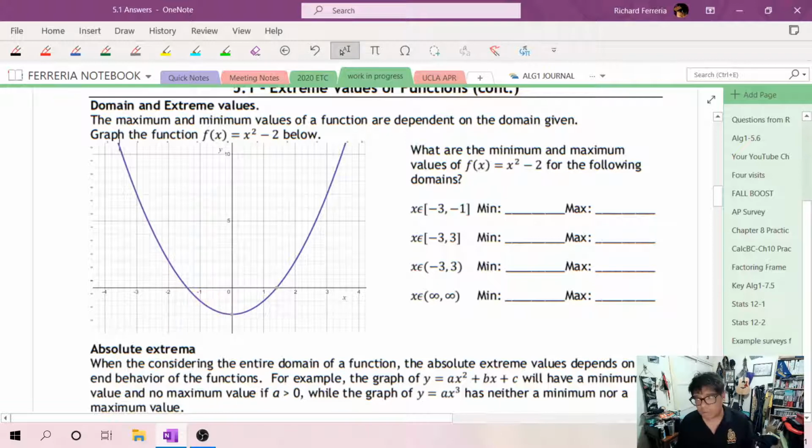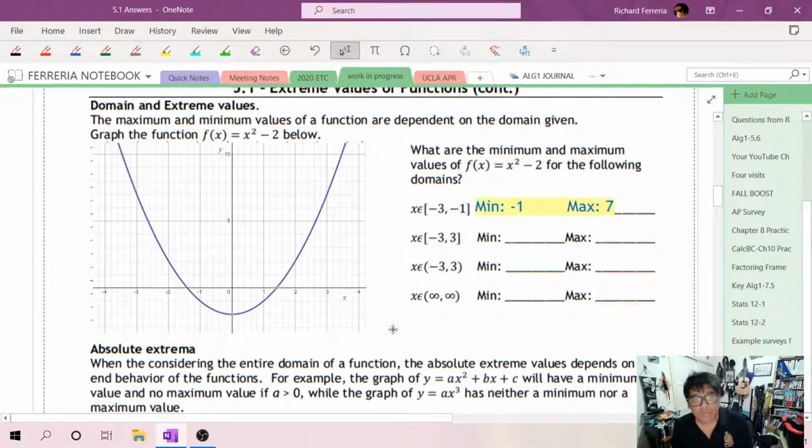Hold on one second. It looks like our minimum is right here, and I think that is y equals negative 1. Perfect. Our minimum value is negative 1 and our maximum value is 7, although we don't say y equals, we just say negative 1 and 7.